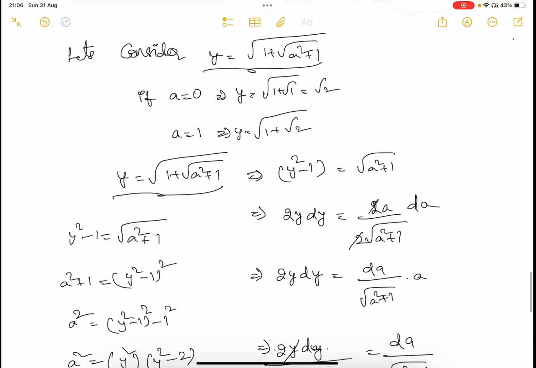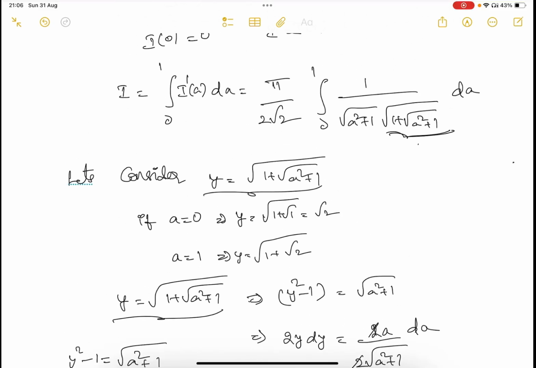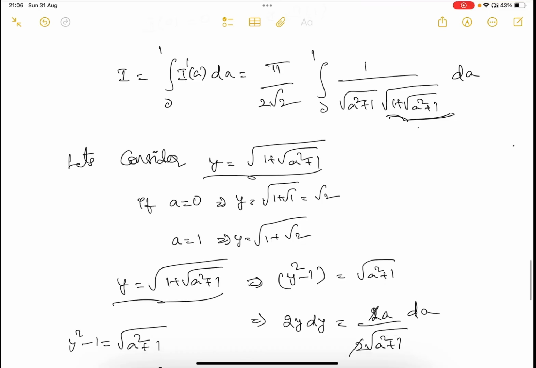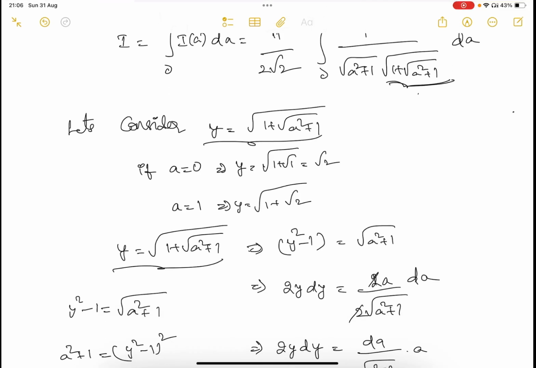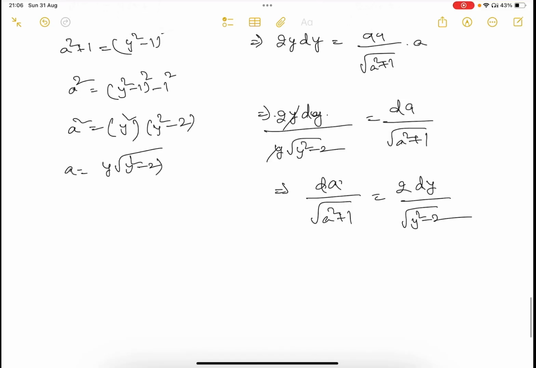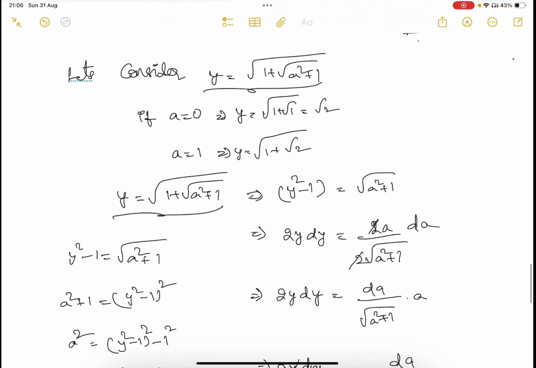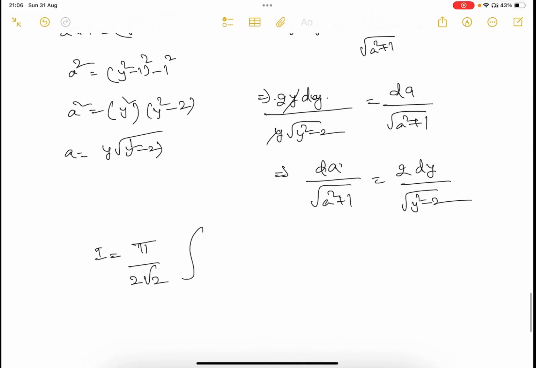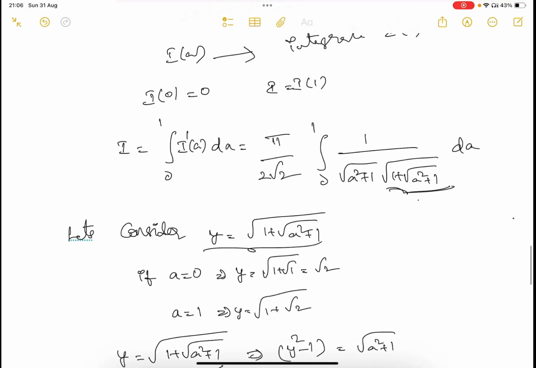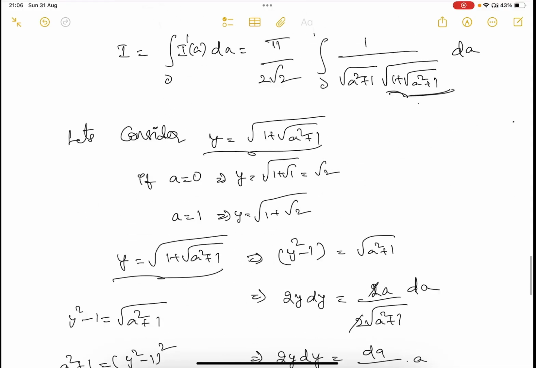minus 2. So let's substitute these values here in I equal to, right? I equal to pi by 2 root 2 into the integral, with limits changed from root 2 to root of 1 plus root 2, into this is 1 by y into dA by root a square plus 1.